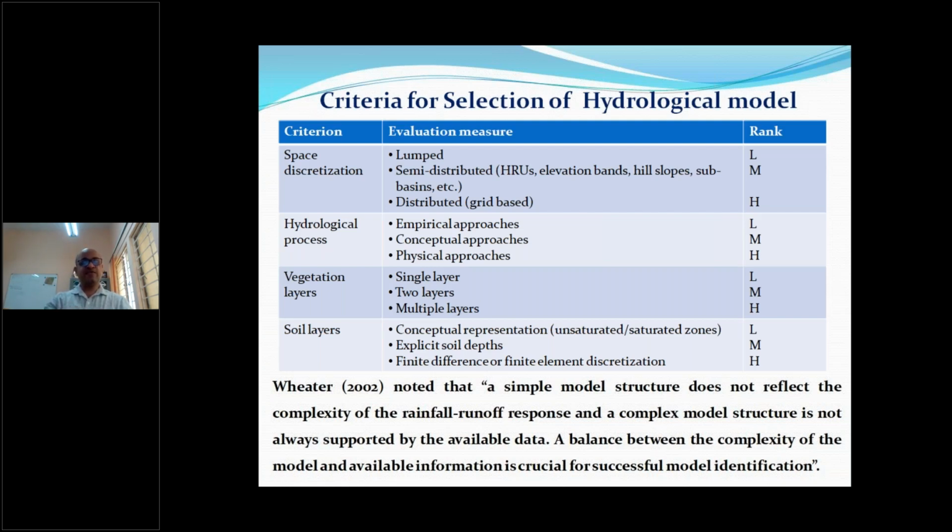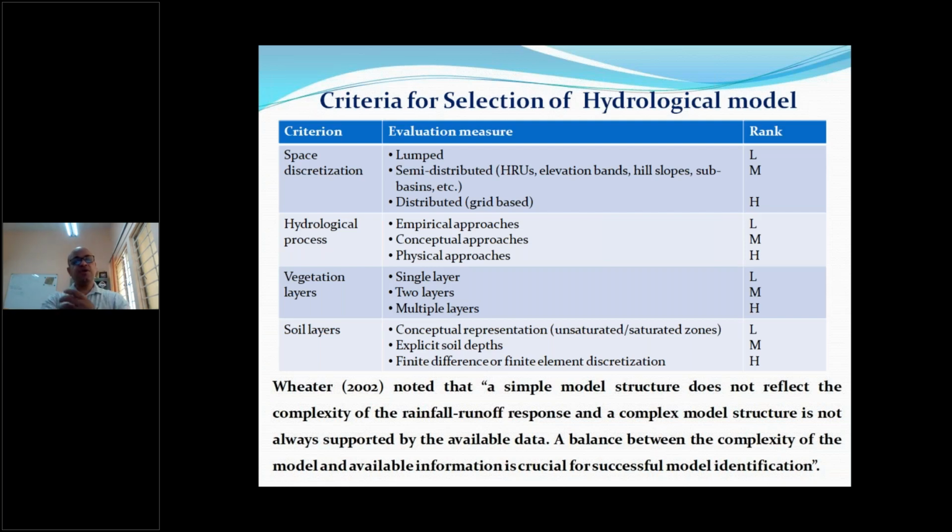So this line says everything. Not all the time will a simple model represent the process correctly. On the other hand, not all the time are you in a position to solve a complex model because of limitation of data.